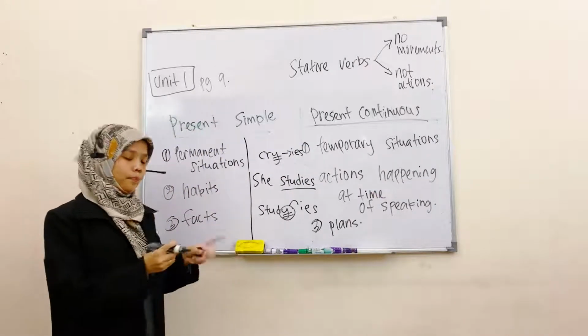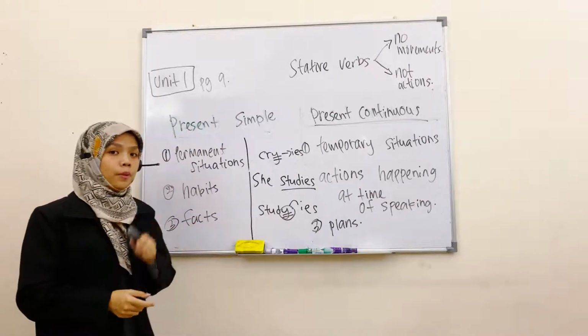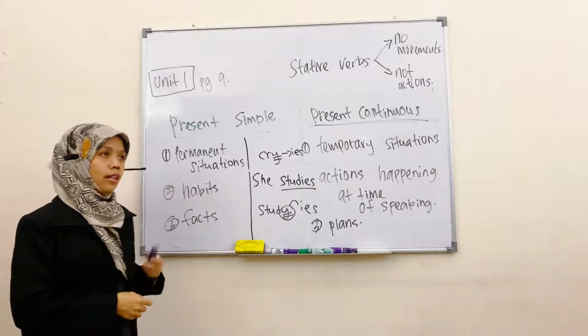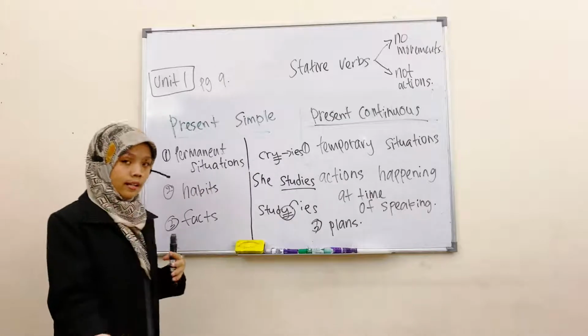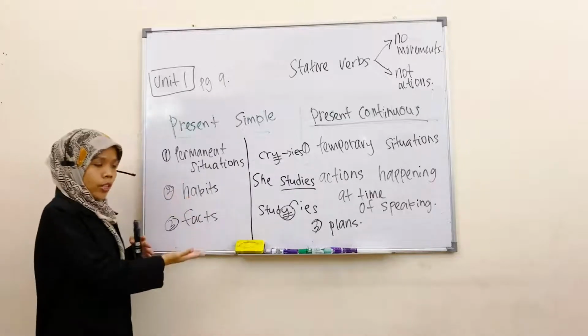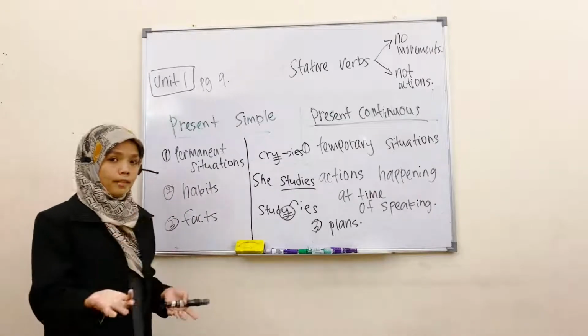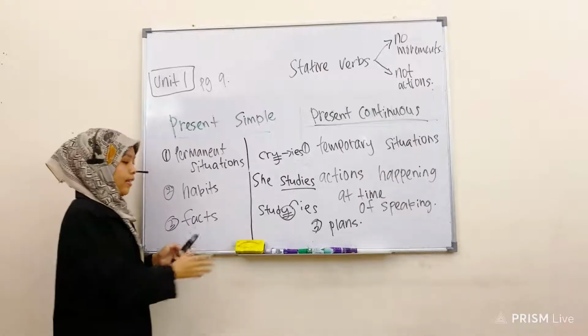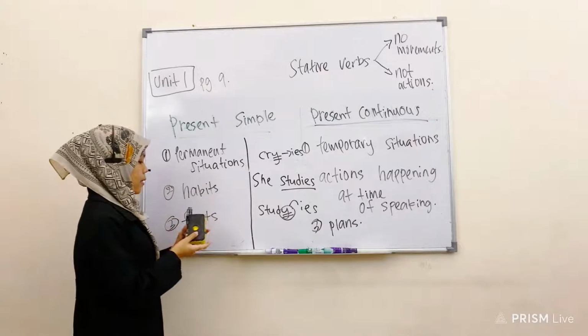That's what it is for the singular subject and also the plural subject in present simple. If you want to write an essay about a permanent situation, or say something about habits, you can also use present simple. That's present simple.